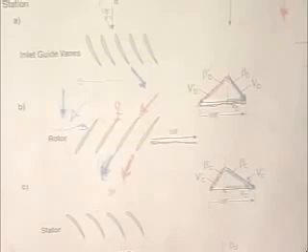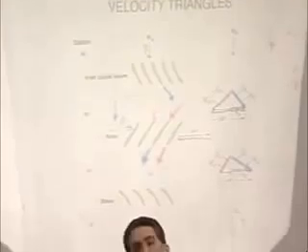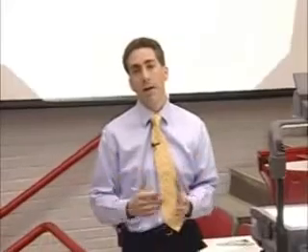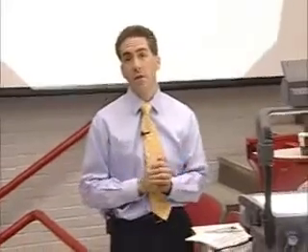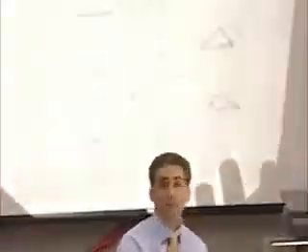More work is done on them over the stator. There is no work done over the stator. There are forces, but since it's not a moving blade row, there's no rate of applying the torque, so there's no power added to the flow. They just change the direction.